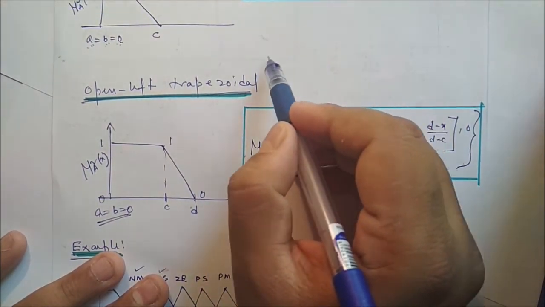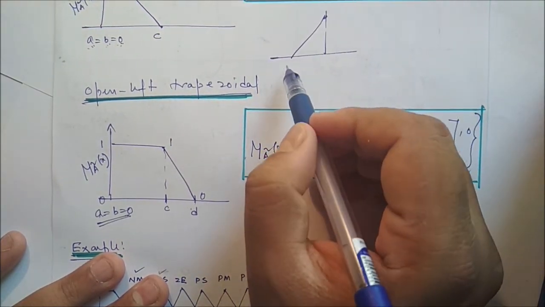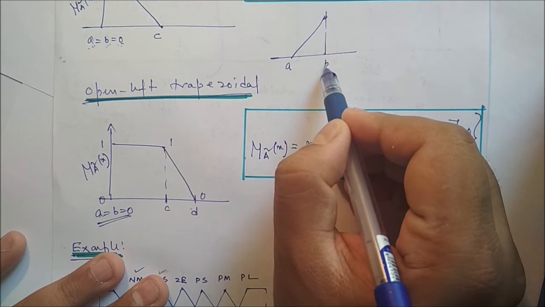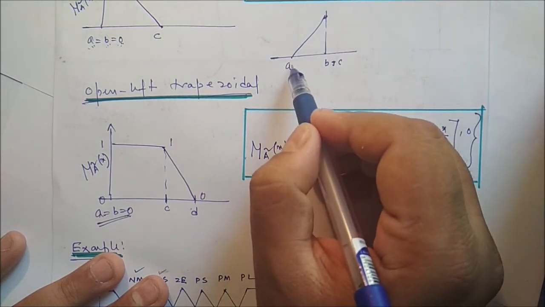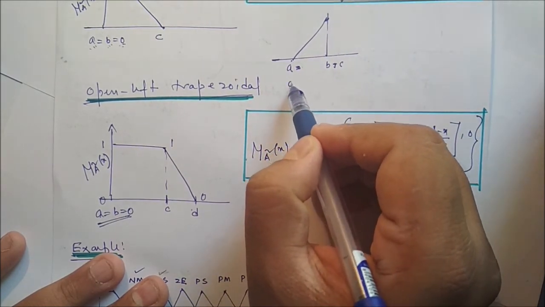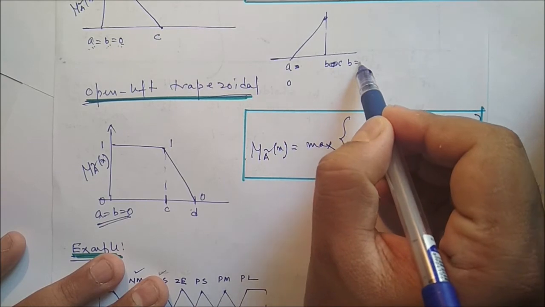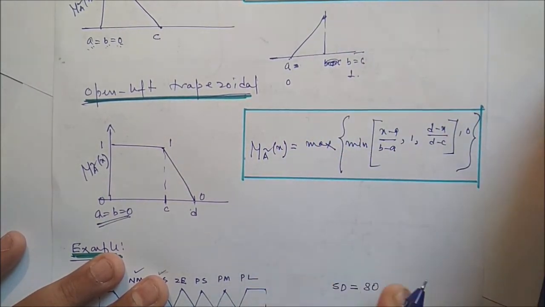Similarly, we can identify the open right triangular. In that case, a, b, c should be there. When it is a, the membership value should be 0. And here b is equal to c. In that case, the membership value should be 1.